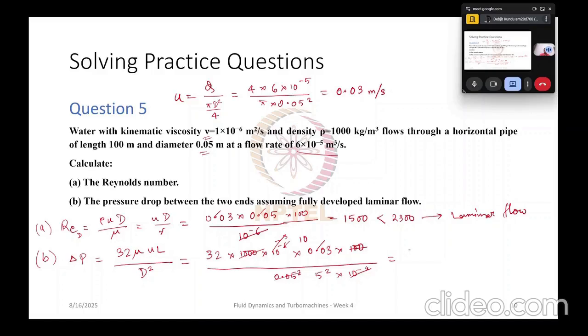So what I have is 32 into 10 into 3 divided by 25.